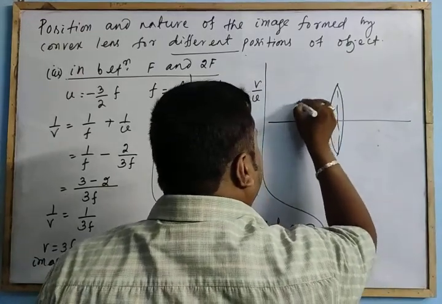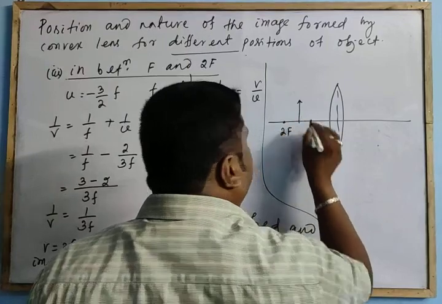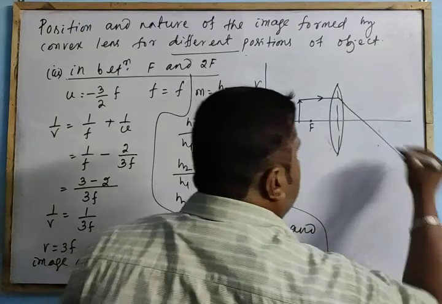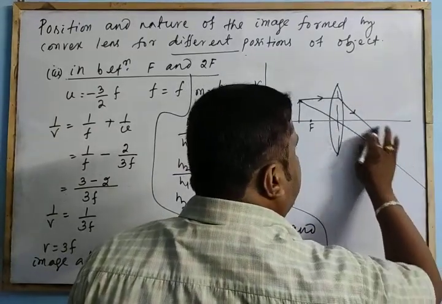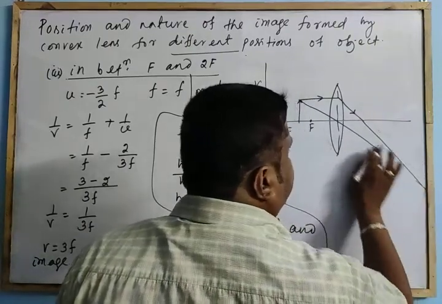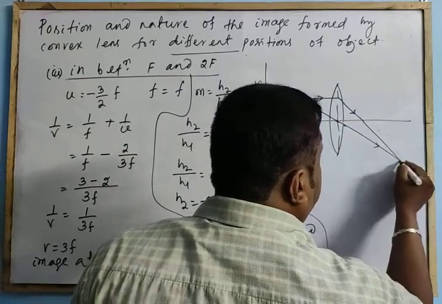So for the object between f and 2f. Clear?